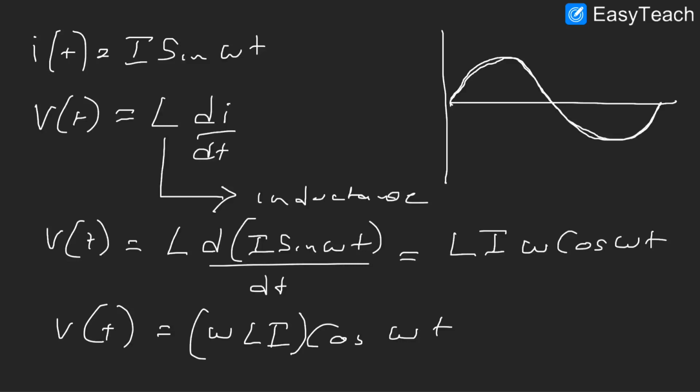So our phasors are going to look somewhat like this. This is going to be our voltage phasor, and this is going to be our current phasor. So there's going to be a 90 degrees phase difference between the voltage and current, because that is the phase difference between a sine wave and a cosine wave.